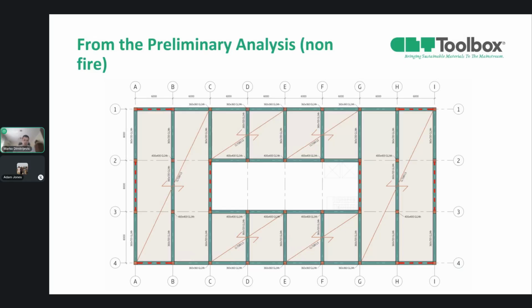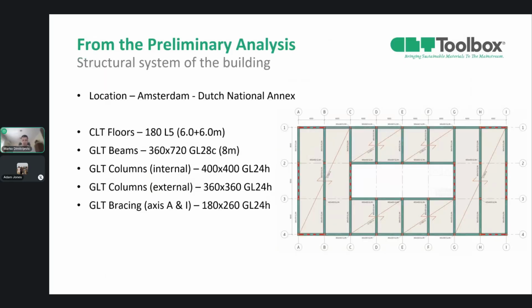For those of you who are here for the first time, here's the example building of 6 stories that we used. The building location is Amsterdam, with dimensions of 24 by 48 meters and a story height of 4 meters. Floors are made from 2 times 6 meter equal CLT slabs spanning in the X direction.